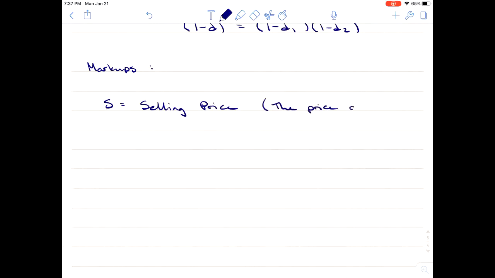The price at which the product is sold. Okay, but that's your selling price. If you are the owner of the store, you might sell it at the list price. So then the list price and the selling price would be the same, right? L would be the same as S. But you also have the choice to put any selling price on there that you want.